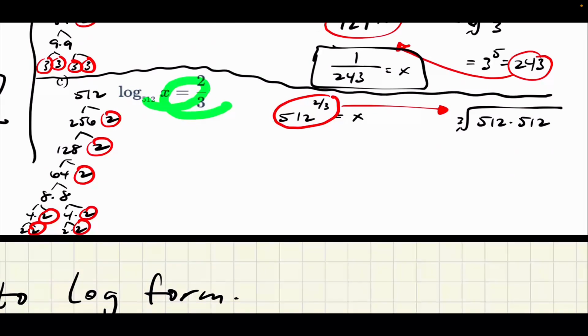So 512 has 1, 2, 3, 4, 5, 6, 7. Wait, 1, 2, 3, 4, 5, 6, 7, 8, 9. Should have 9 2s. Since I have 2 of them, it's going to have 18 2s.